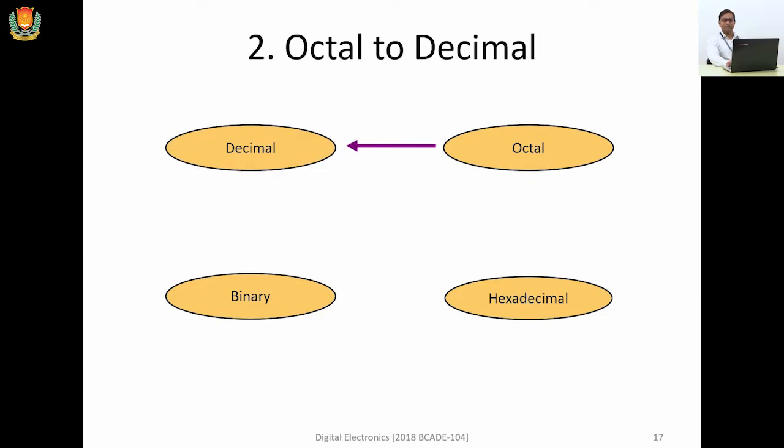There are only 8 symbols from 0 to 7 only: 0, 1, 2, 3, 4, 5, 6, 7. And the next number will be a combination of these 8 numbers only.